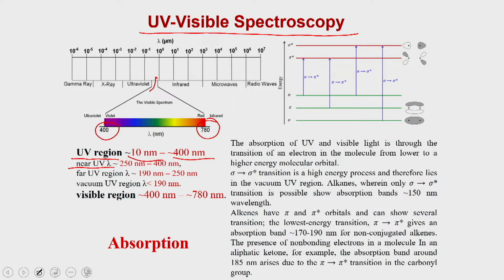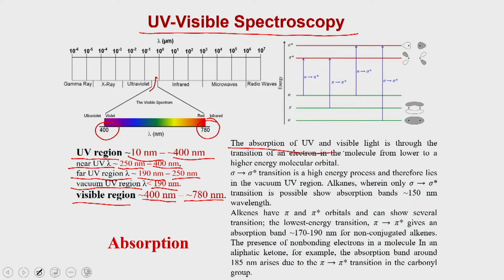One is called near UV, which is from 250 nanometer to 400 nanometer. Then you have the far UV, which is from 190 to 250 nanometer, and then you have the vacuum UV, which is less than 190 nanometer, whereas the visible range is from 400 nanometer to 780 nanometer.